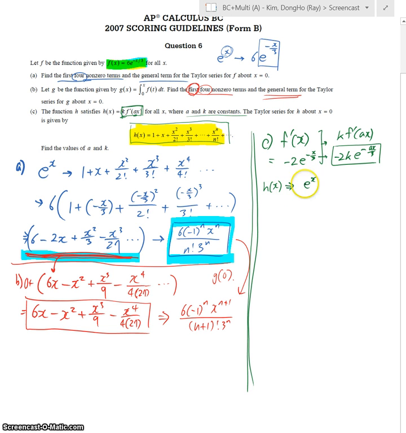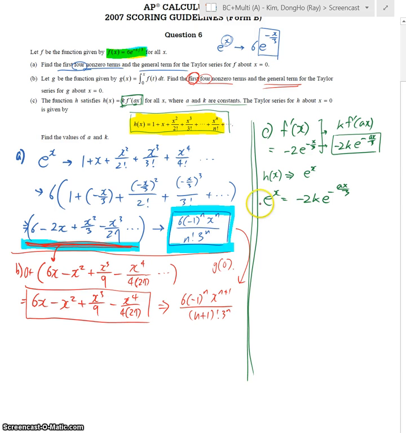That's e to the x. So that means e to the x equals negative 2 times k times e to the negative a x over 3. We can say that. Then all we have to do is solve for k and a. There's no coefficient for e to the x, it's only 1, so k times negative 2 should end up being 1.